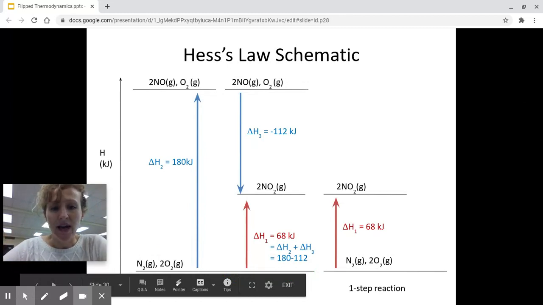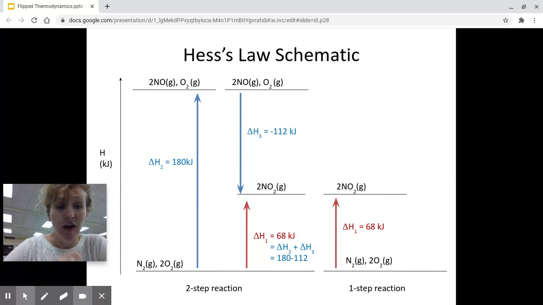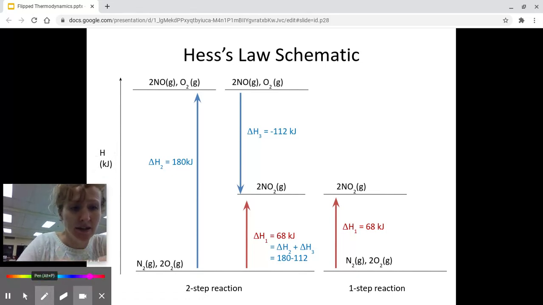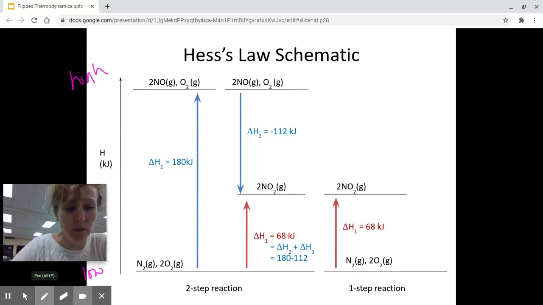So notice I have a graph. It's an energy graph, right? So I have enthalpy on this side. This up here would be high. At the bottom here, it would be low. And then notice you have your reactants here. And then this first blue arrow right here tells you it's a change of 180 kilojoules.